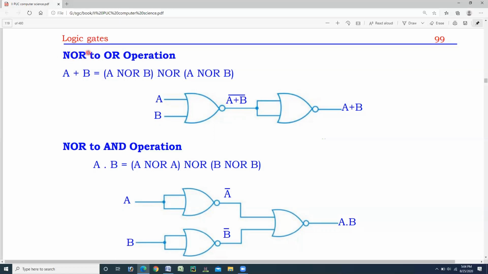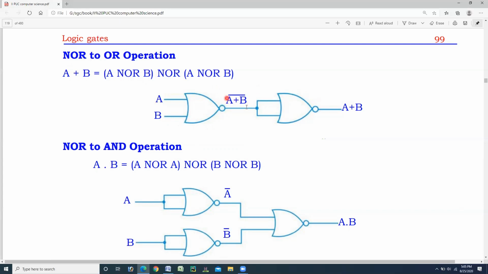To design NOR to OR, we need two NOR gates. Using two NOR logic symbols, we can design the NOR to OR operation. So for the first NOR logic symbol, if A and B are the inputs, then the output will be (A plus B) whole complement.